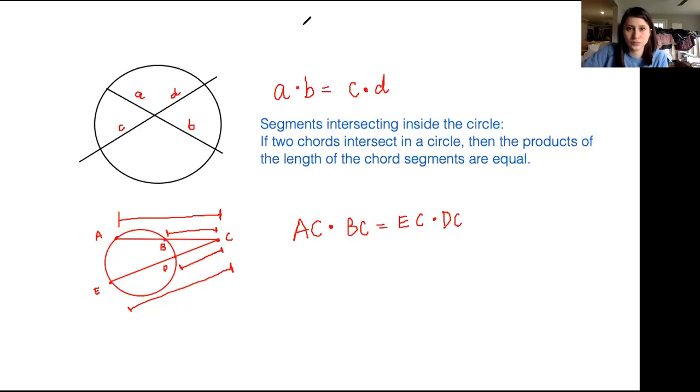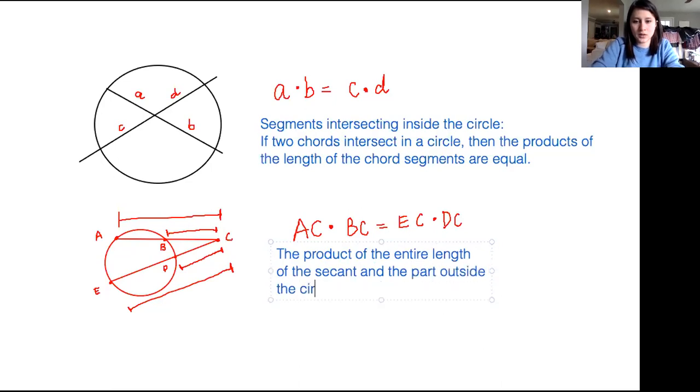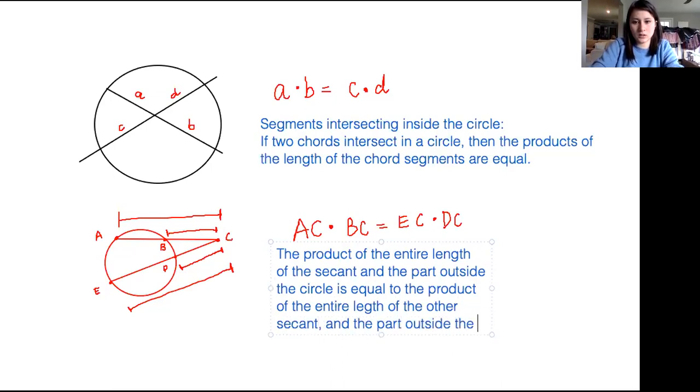Okay, so the product of the entire length of the secant and the part outside the circle is equal to the product of the entire length of the other secant and the part outside the circle.